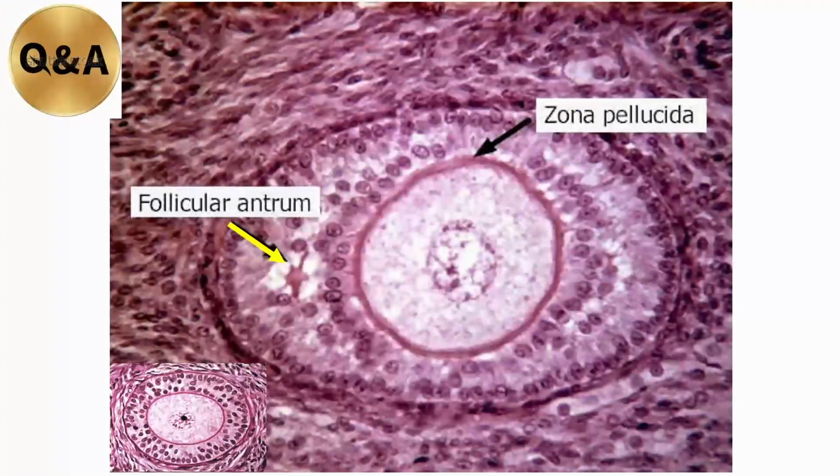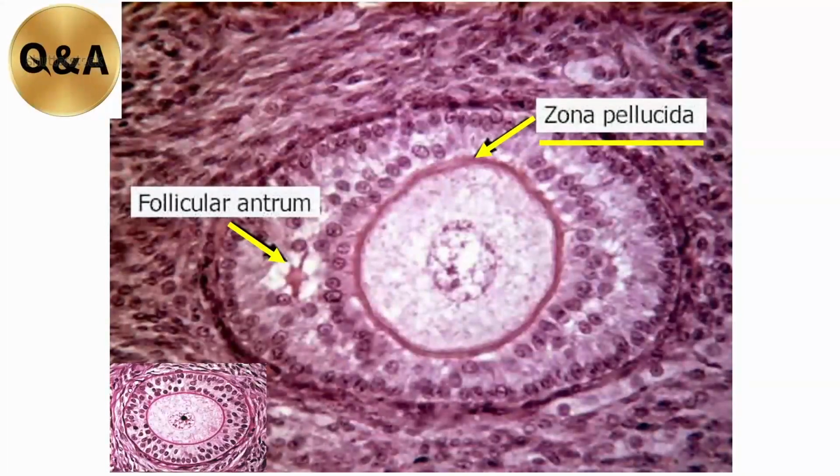Let's ask questions about this section. First of all, the story of embryology is that it is made of a sequence of events at specific times. Now, in this section, what kind of follicle is it?